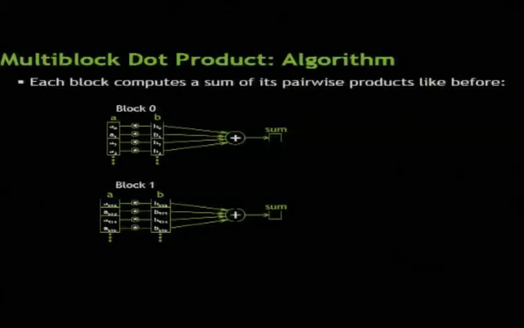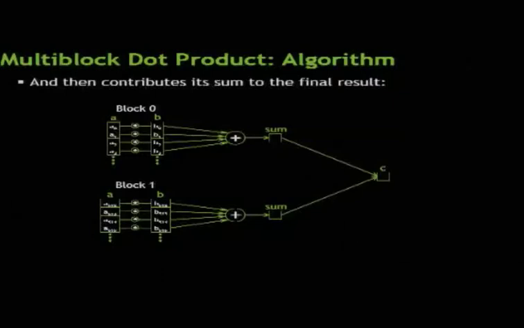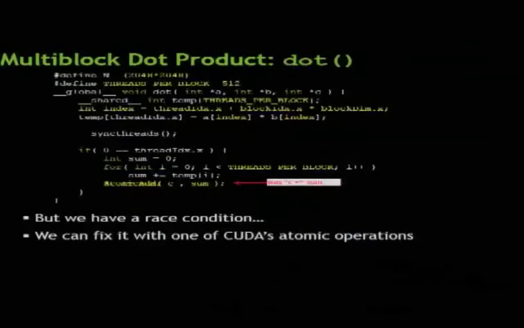Then if you look at this, you have the summation that we talked about, but that's really just a block summation. What you really want to do then is take those sum values and sum them together and store them in C, which is the final result for the whole dot product. Basically this is the kernel.